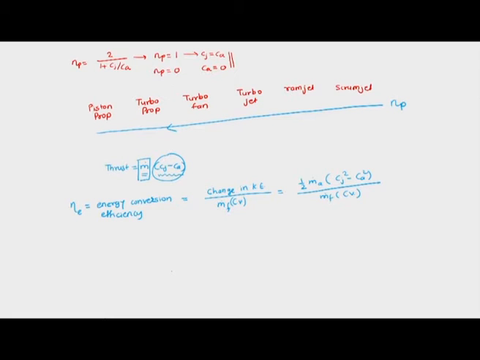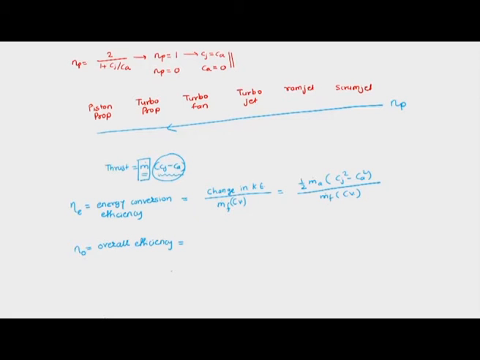Then we have the next formula, which is called overall efficiency of the power plant. Overall efficiency means we have different energies. First, what we considered was propulsive efficiency.